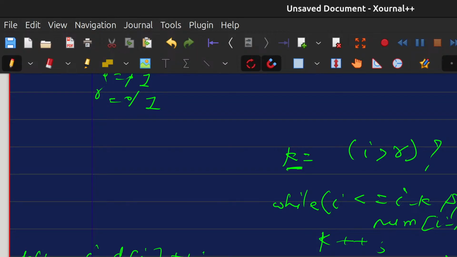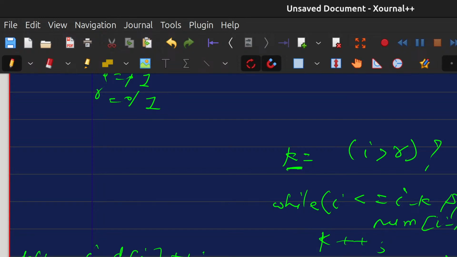Let's update L and R. So L is I minus K plus 1, R is I plus K minus 1 here. What is L? I is 2 and K is 1, 2 minus 1 plus 1 is 2.